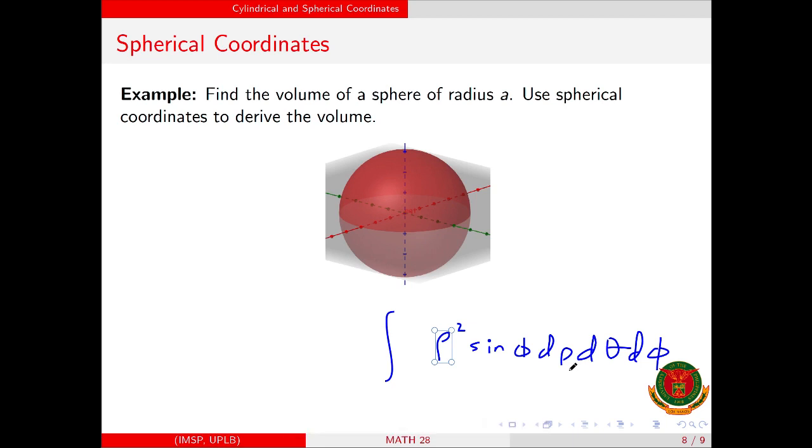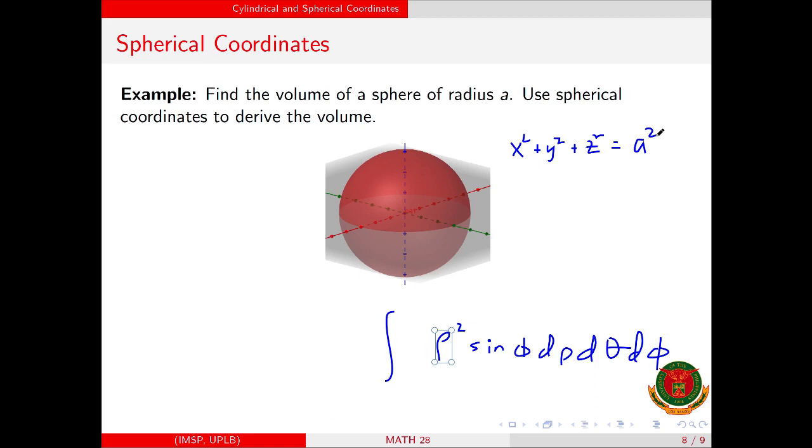From our discussion a while ago, rho is actually the distance of the point from the origin. Since we have a sphere, and take note that the equation of the sphere in the Cartesian coordinate system is given by x squared plus y squared plus z squared equals a squared.